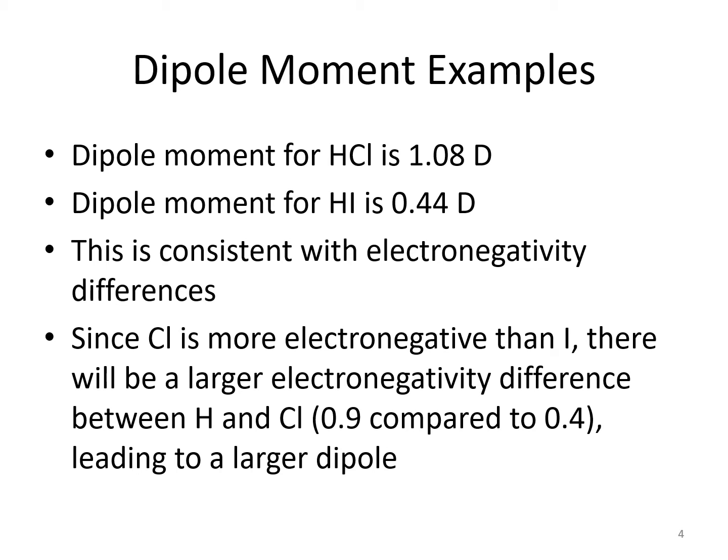Since chlorine is more electronegative than iodine, the electronegativity difference between hydrogen and chlorine, a value of 0.9, is larger than the electronegativity difference between hydrogen and iodine, a value of 0.4. This corresponds with HCl having a larger dipole moment.